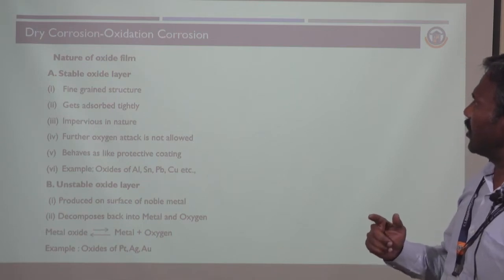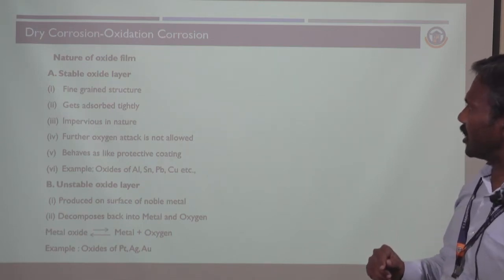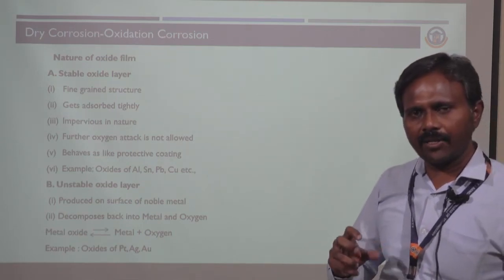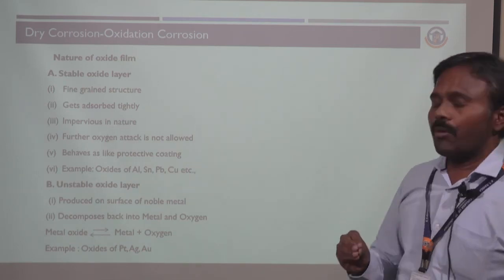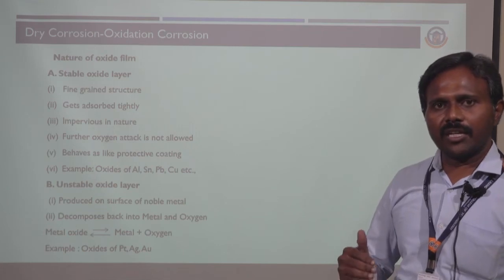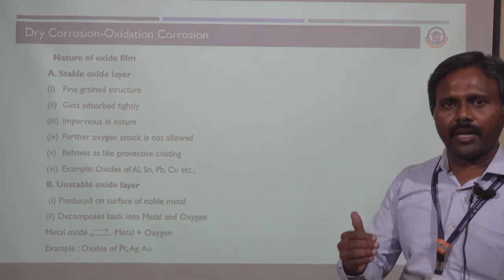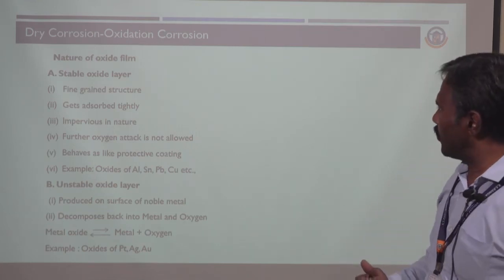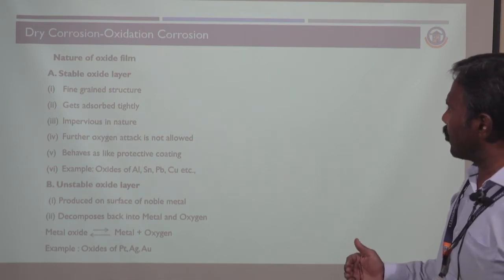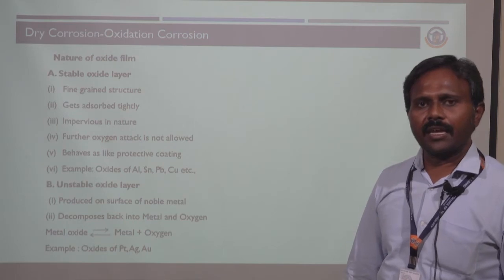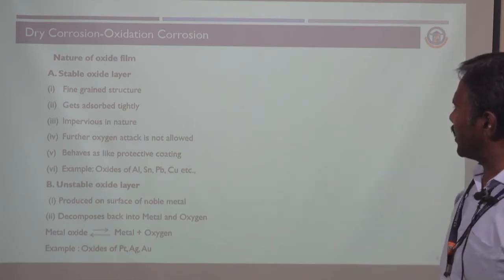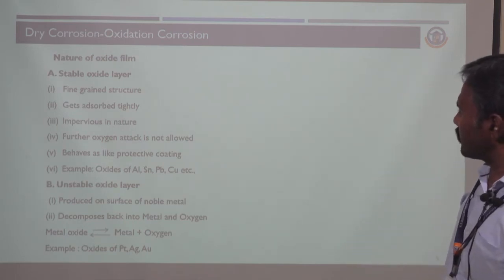The stable oxide layer formed on the surface of the metal is fine grained in structure, and it is absorbed tightly on the surface of the metal, and it is also impervious in nature. Further oxygen is not allowed to attack the metal again, so it behaves like a protective coating. This stable oxide layer usually occurs in metals like aluminum, tin, lead, copper, etc.